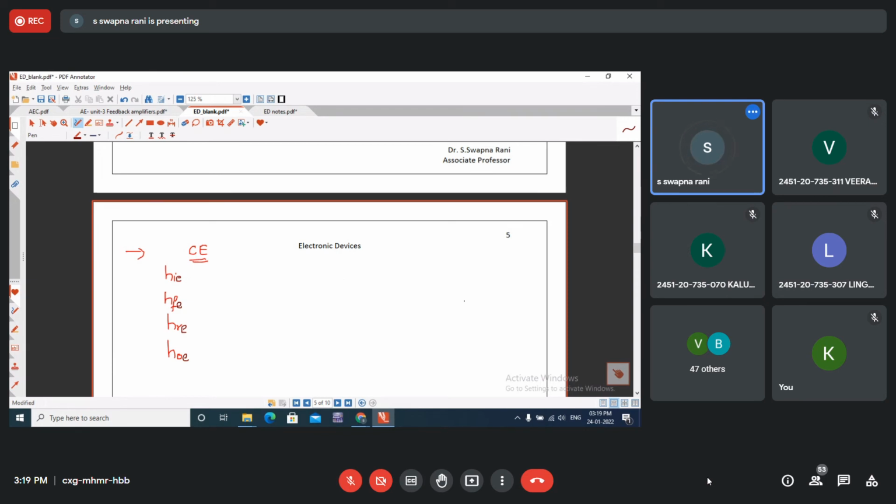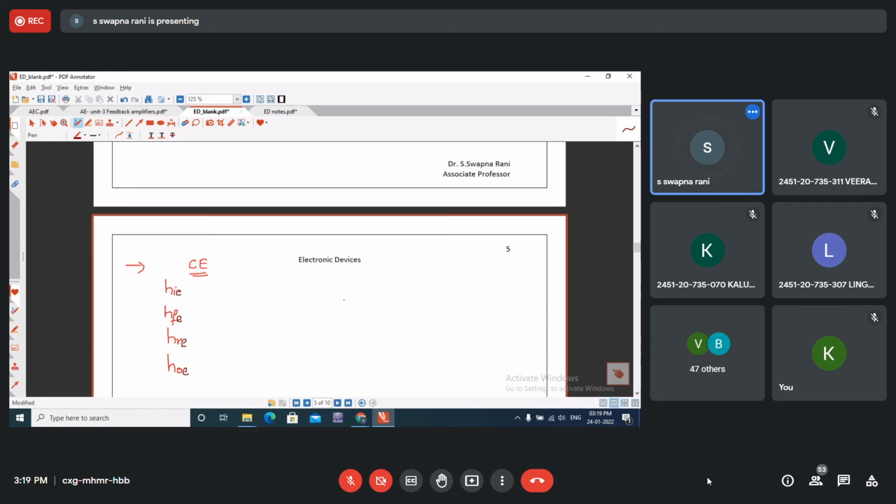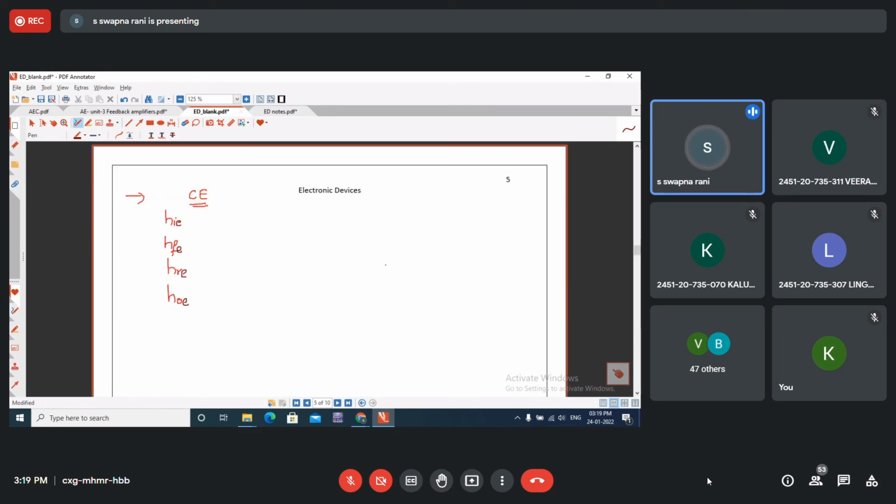Now we will summarize what we have discussed in today's class. All of you see here what these H parameters are: input impedance, output admittance, forward current gain, reverse voltage gain.